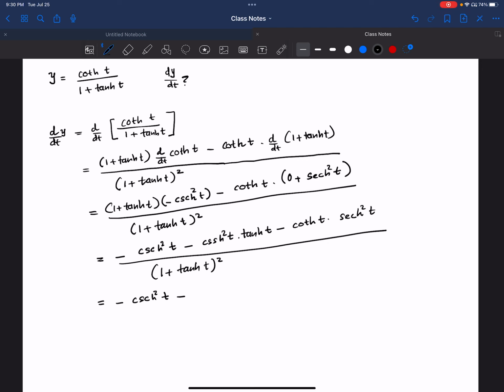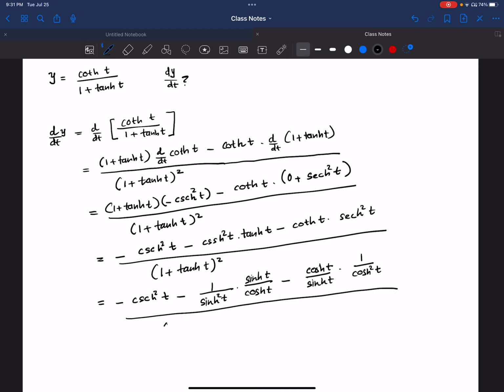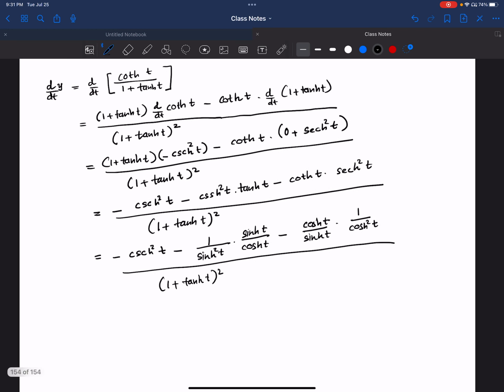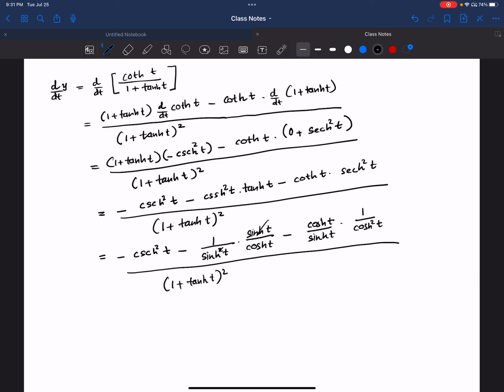So this is 1 over sinh t squared times sinh t over cos t minus cos t over sinh t times 1 over cos squared t divided by 1 plus tan t squared. So this cancels to one of these, and then you can cancel this to one of these.